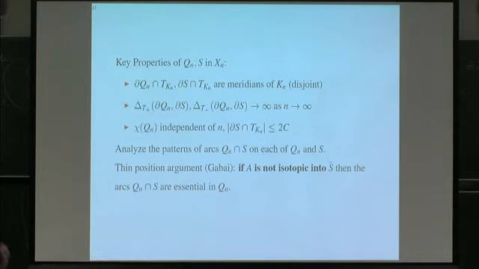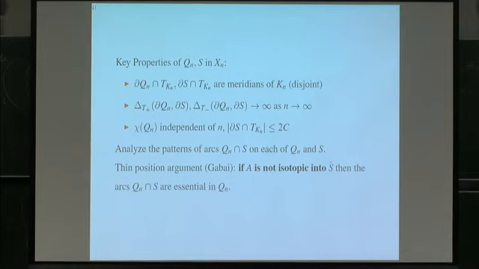At the same time, the Euler characteristic of Q_n is independent of n, and the number of boundary components of the punctured Heegaard surface, at least those coming from K, is bounded by this number C. So again, we're going to look at the intersections of these two surfaces in the exterior of this annulus pair.